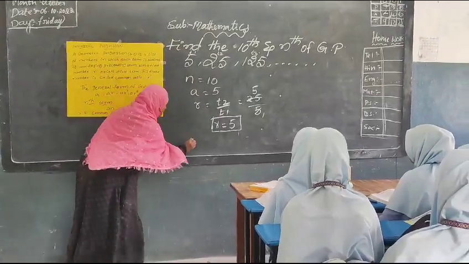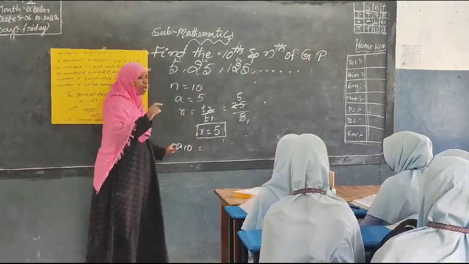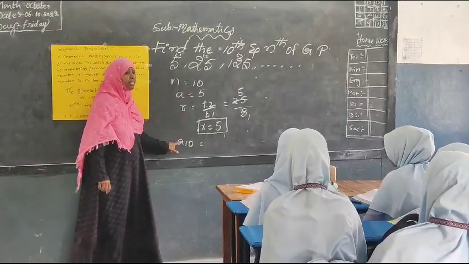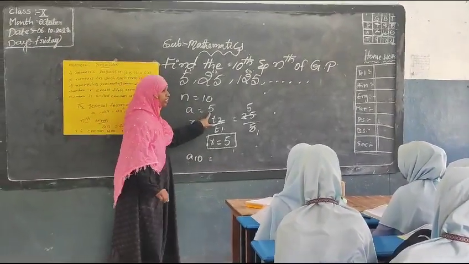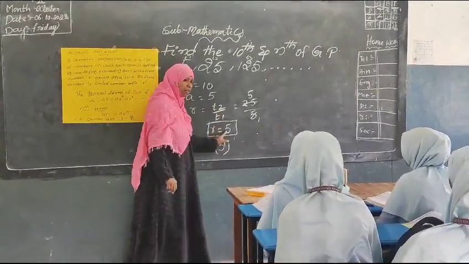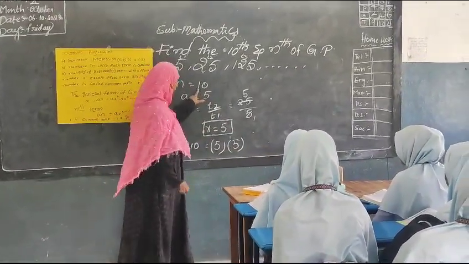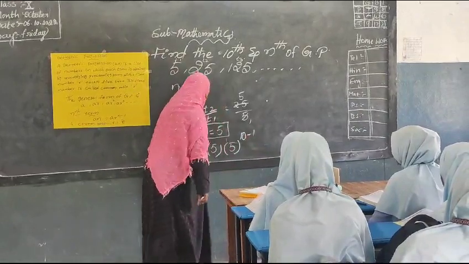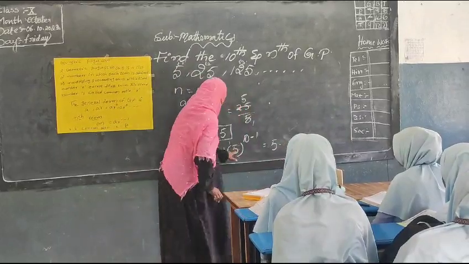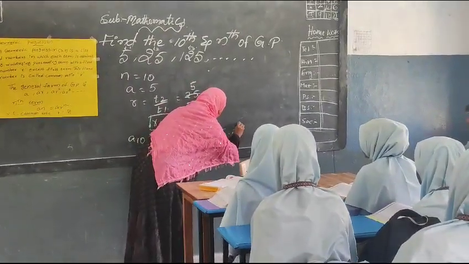So the 10th term a10 is equal to a times r power n minus 1. a is 5, r is 5, and n is 10. So 5 into 5 power 10 minus 1. 10 minus 1 is 9, so 5 into 5 power 9.